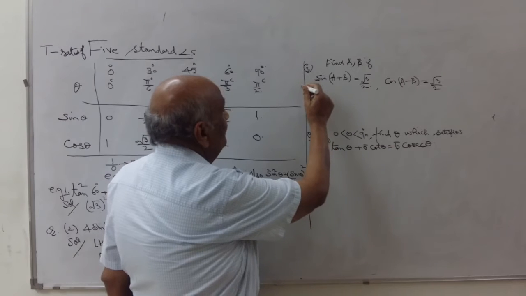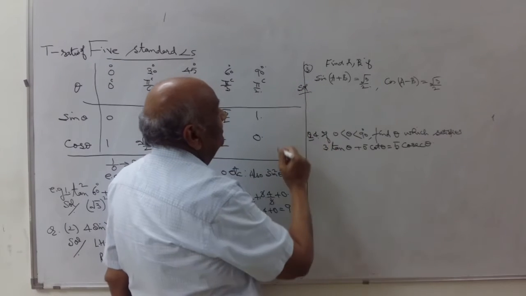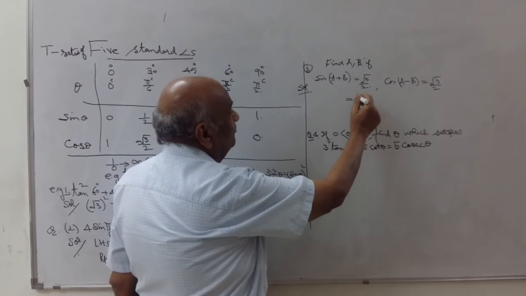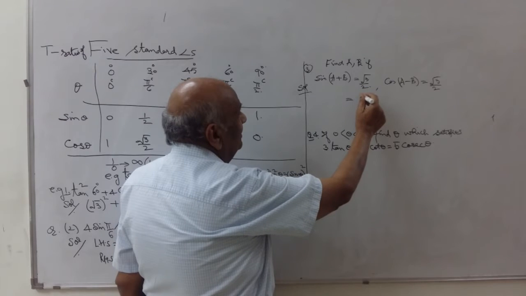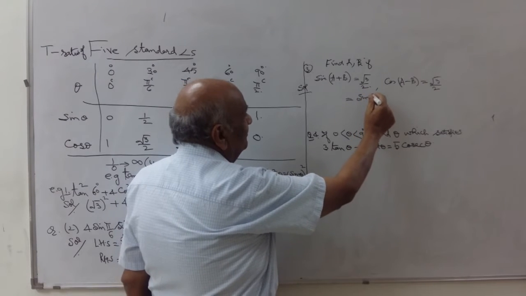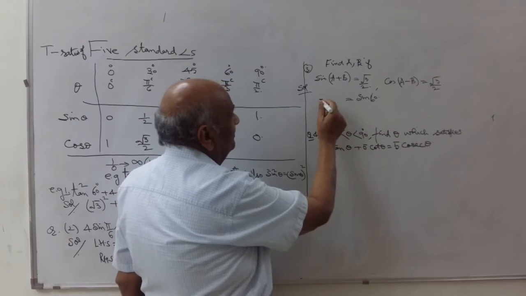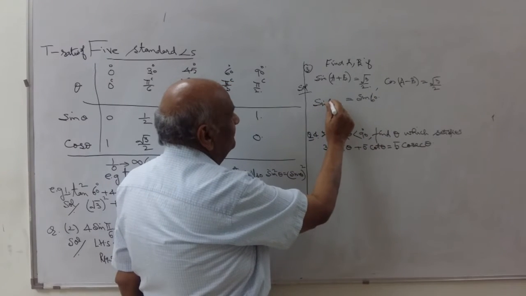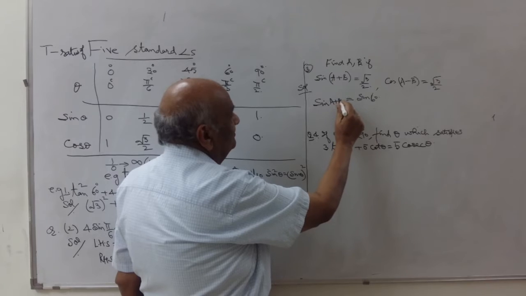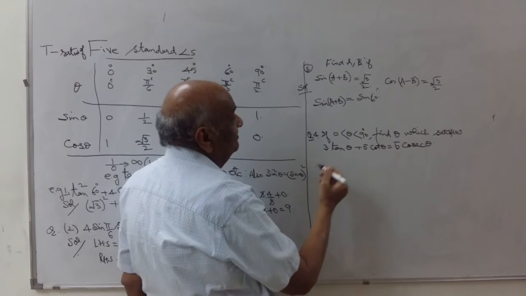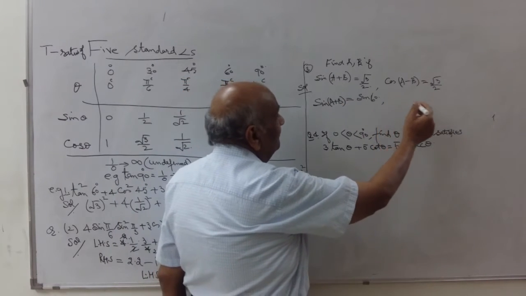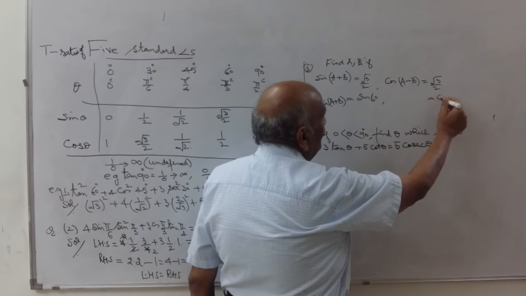In the solution here, sin A plus B is under root of 3 by 2. It is sine of 60 degrees. See here, sin A plus B is sine of 60 degrees, and similarly it is cos 30 degrees.